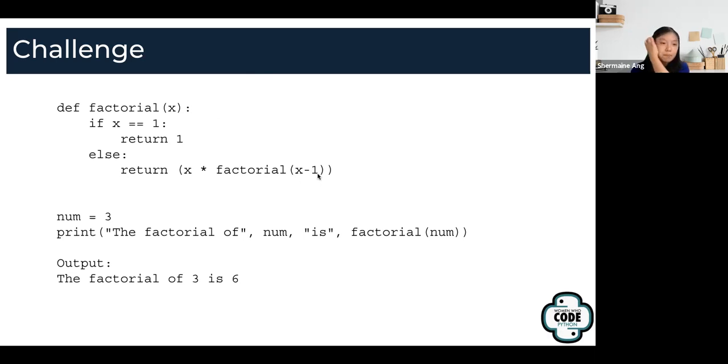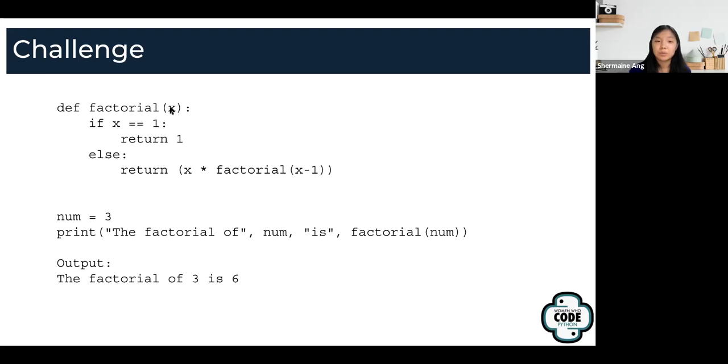So let's say I put x as 3. It goes straight into the else statement, and then it will return 3 times factorial 2. When factorial 2 is called, it goes back up and starts itself again.